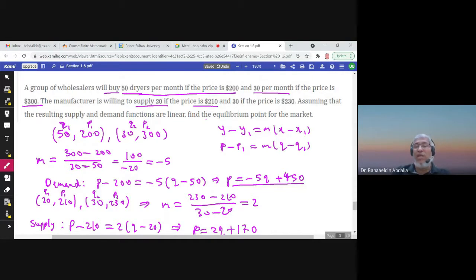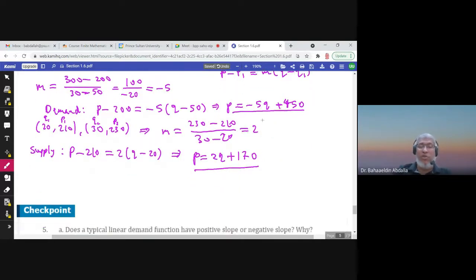Now he needs the equilibrium point. Good. So for the equilibrium point, the demand function should be equal to the supply function. So negative 5Q plus 450 should be equal to 2Q plus 170.